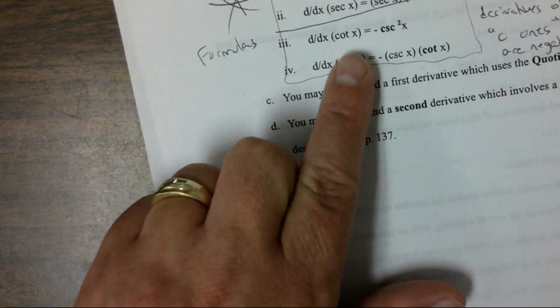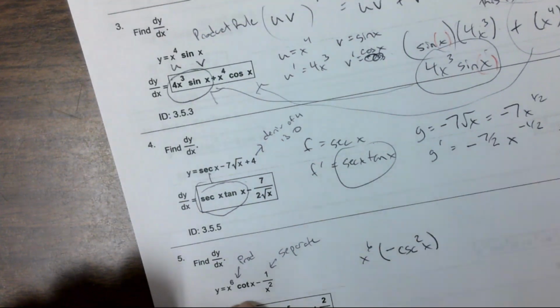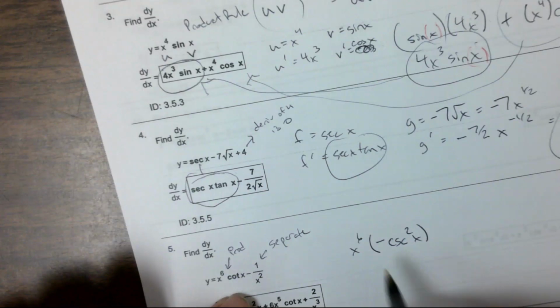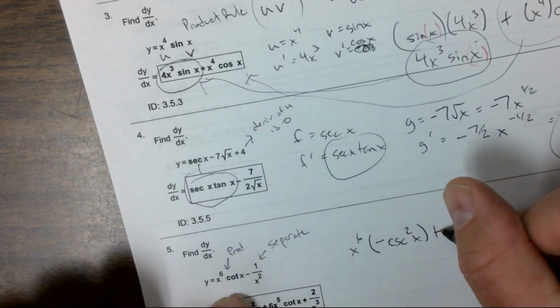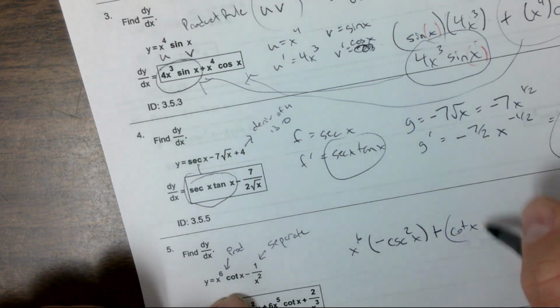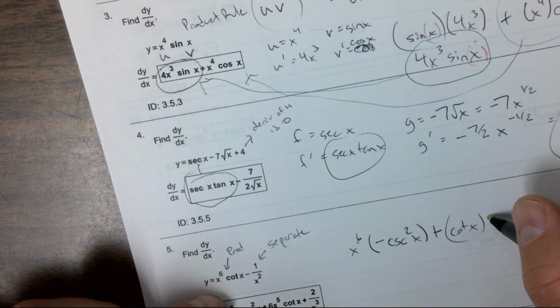Derivative of cotangent is negative cosecant squared. And then it's the product rule, so we have to have plus. And then keep your cotangent the way it is. And the derivative of x to the 6th is 6x to the 5th.